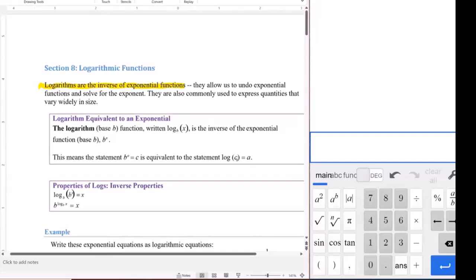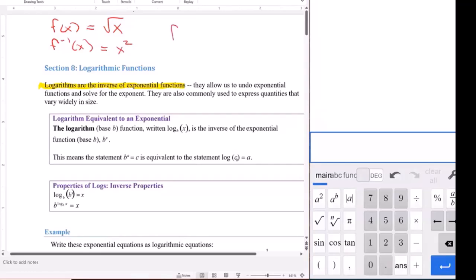What that means is if I have f of x equals the square root of x, and I want to know what its inverse function is, f inverse of x, if I go through all the steps, would equal x squared.